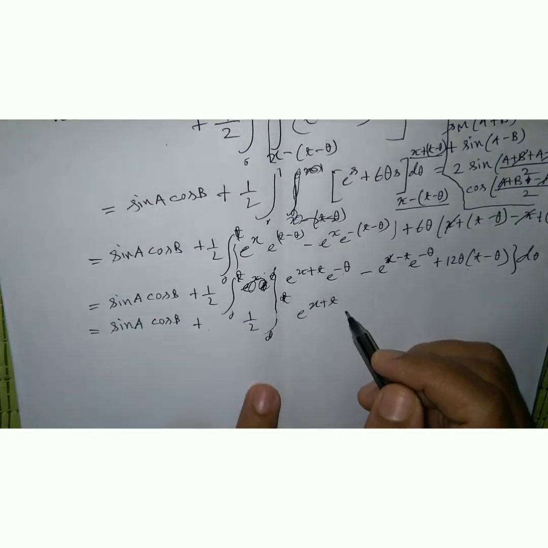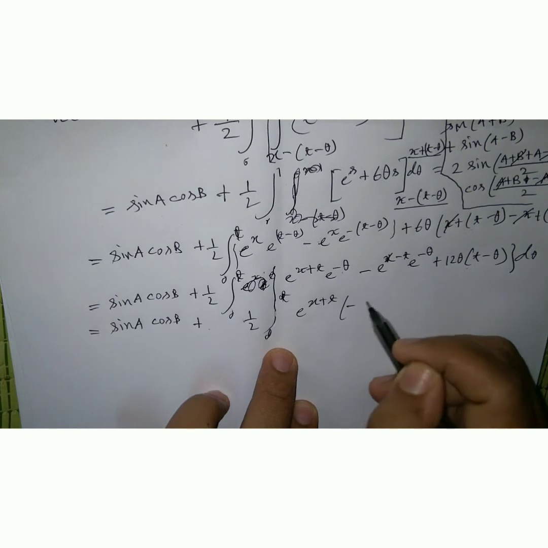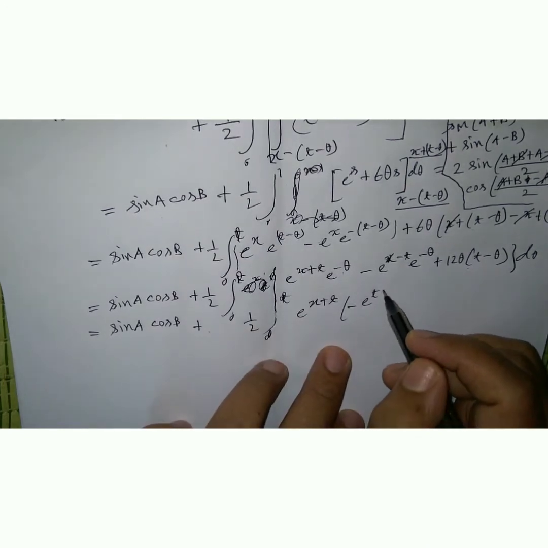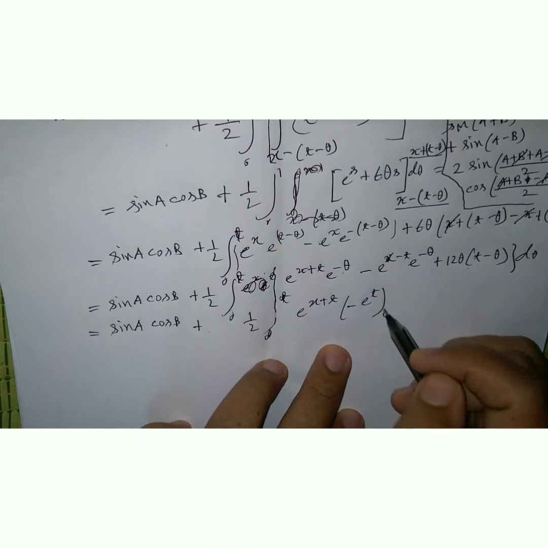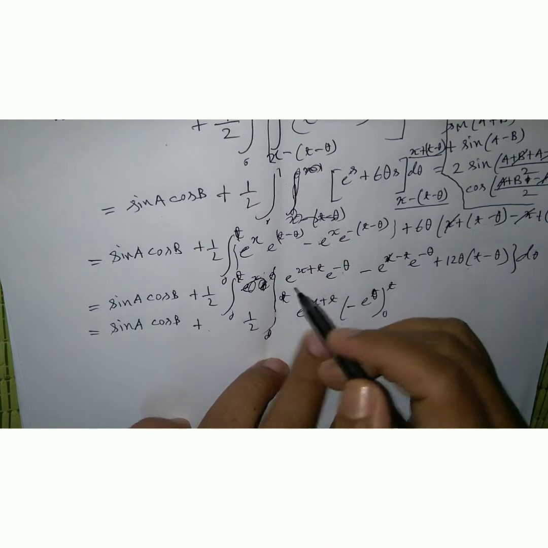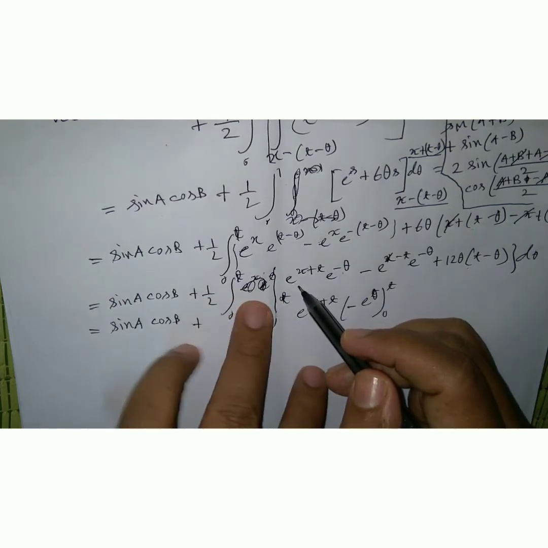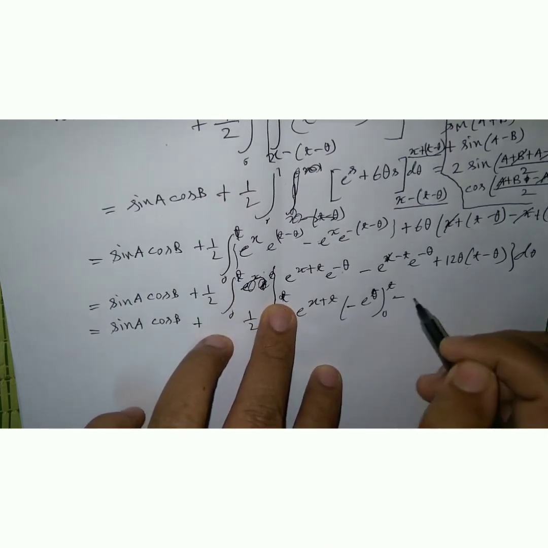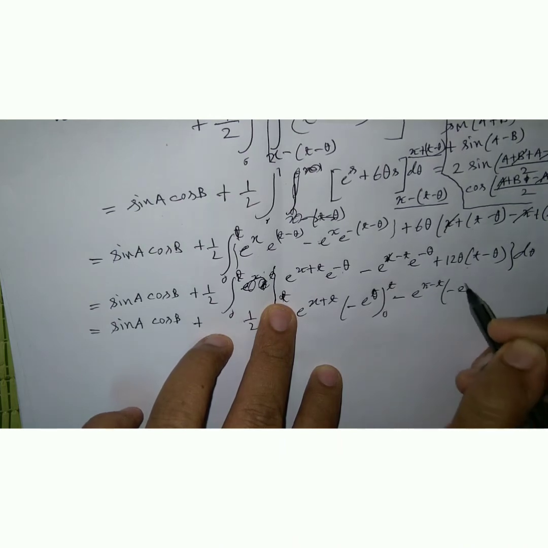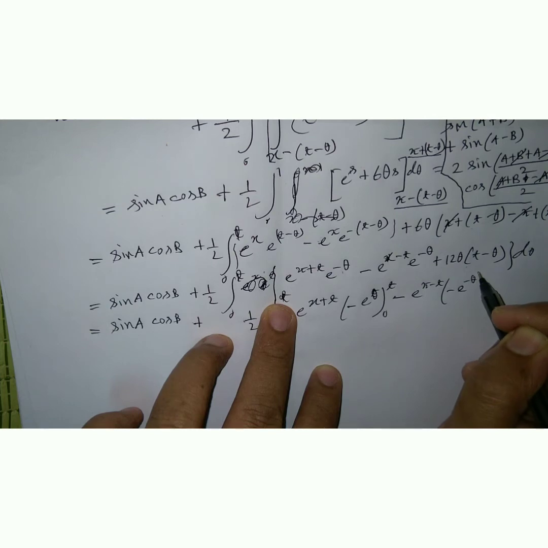E to the power minus theta means minus e to the power minus theta into 0 to t, because my integration is with respect to theta, and after that minus e to the power x minus t minus e to the power minus theta, 0 to t.